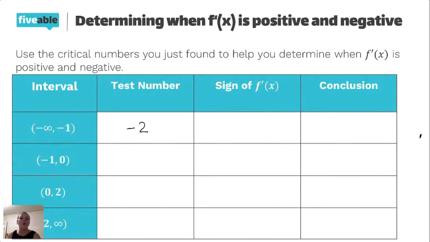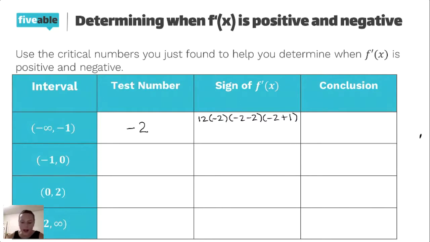Now what we want to do is determine the sign of f prime of x in that interval by plugging in that test number. So we're going to have 12 times negative 2 times negative 2 minus 2 times negative 2 plus 1.